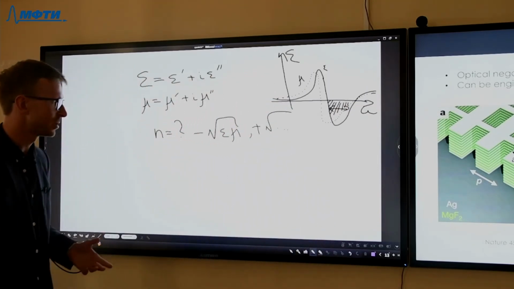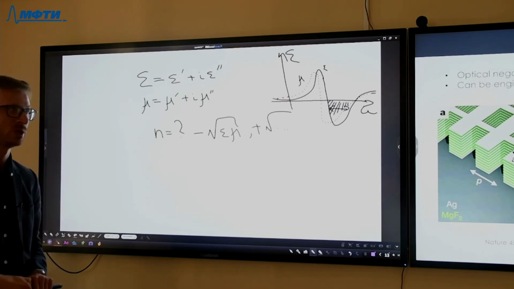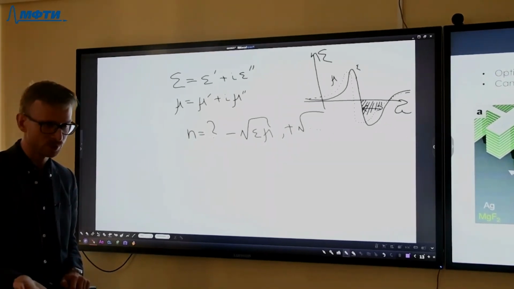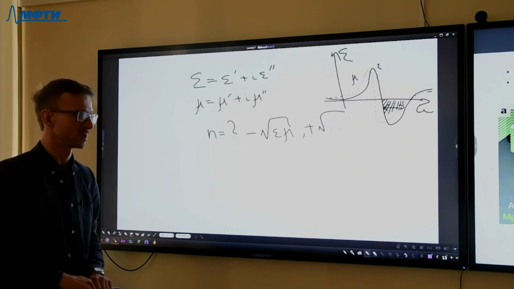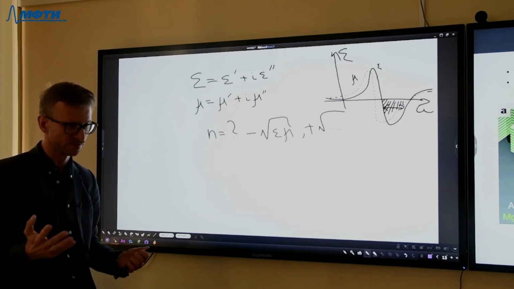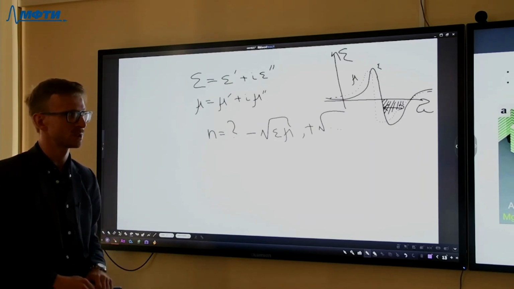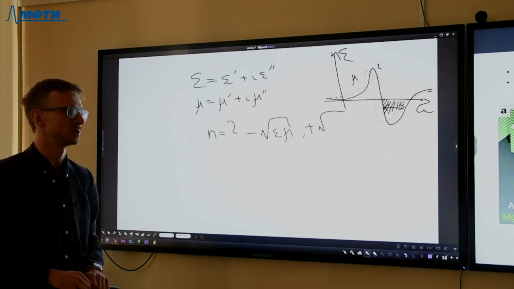But unfortunately, as you remember, any resonance is associated with losses and with dissipation. So all these media become lossy, and we have the problem with a complex valued refractive index. And as the research has shown, all the exotic effects, such as negative refraction, which I showed you on the last slide, become hugely suppressed when we have even a tiny fraction of dissipation in a negative index material.